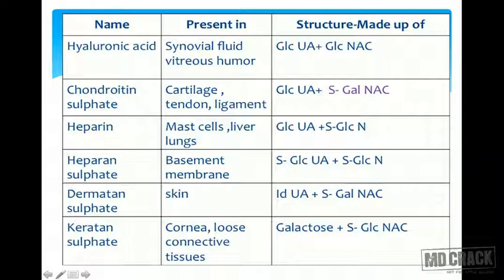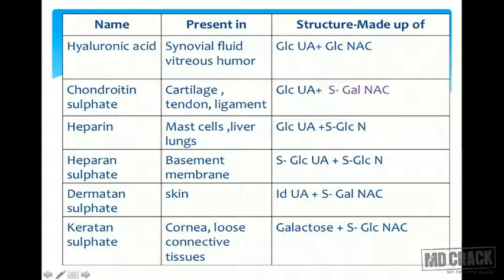Heparin is present in mast cell, liver, lungs, etc. It is glucuronic acid, sulfated glucosamine. Heparan sulfate is present in basement membrane. It is made up of sulfated glucuronic acid and sulfated glucosamine.